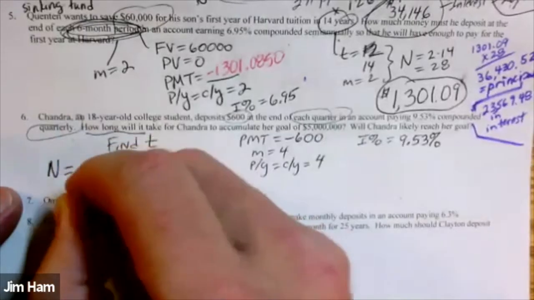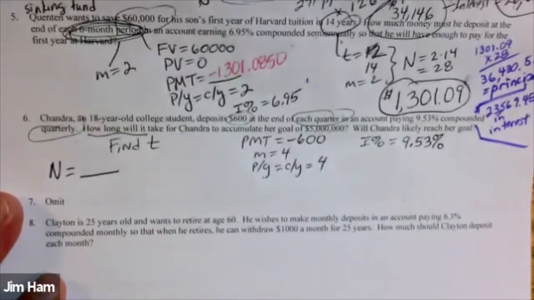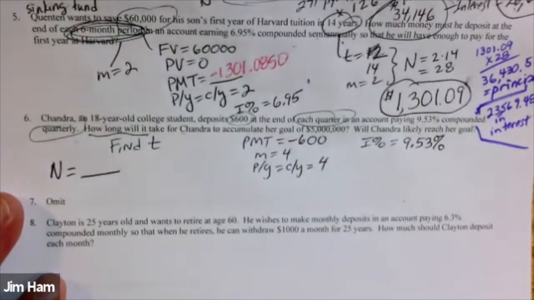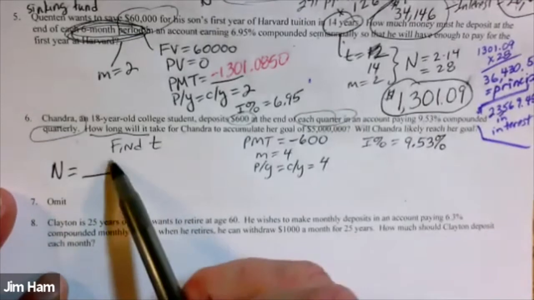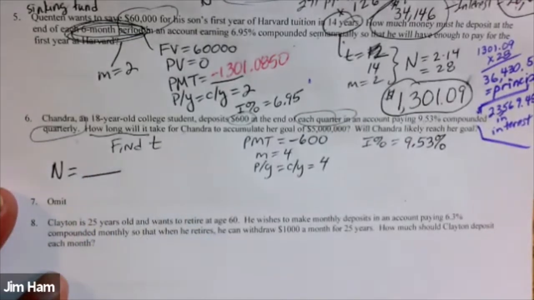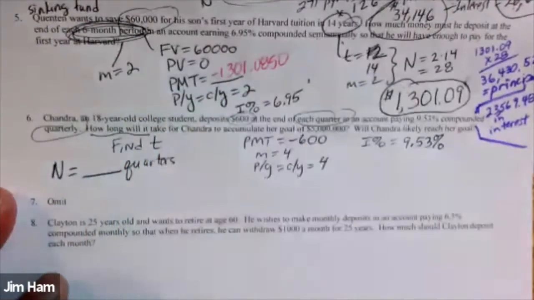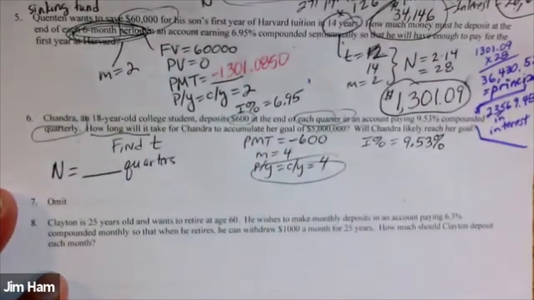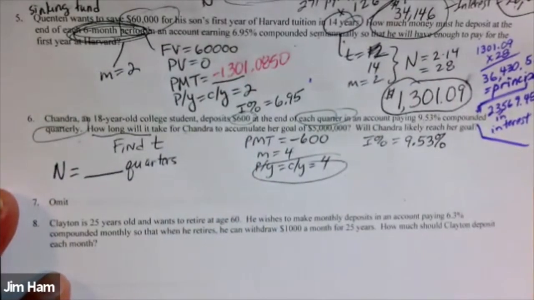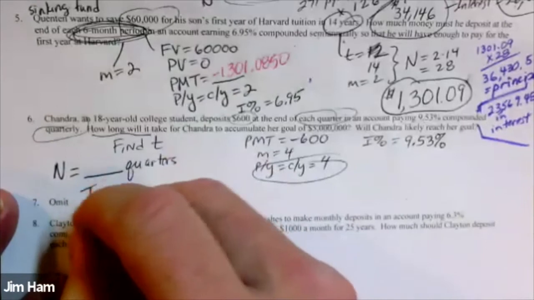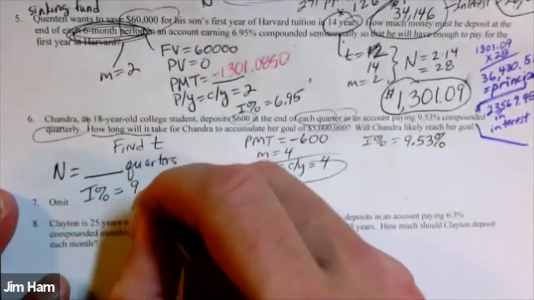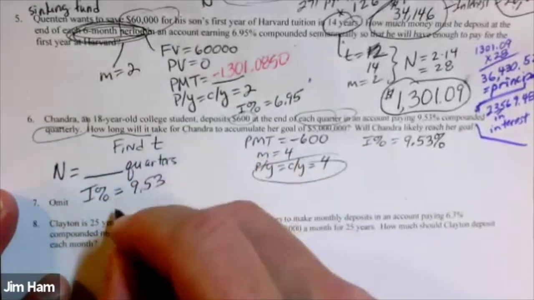In this one, it's the N that we're looking for. Remember that we're compounding quarterly. So whatever N is, you have to divide it by 4 to find the number of years, because payments per year, compounding per year is 4. I percent is 9.53, going right down the list.